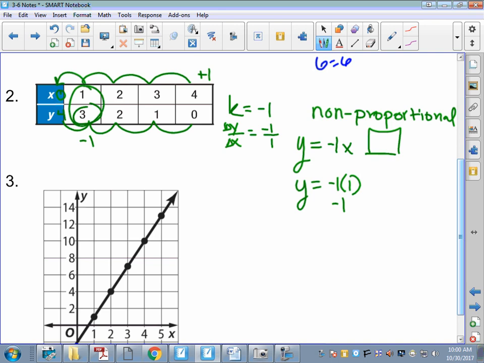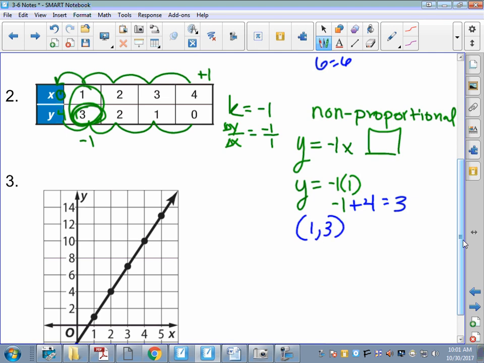If you look, I need that to equal 3. So when I plug it in and I multiply by the -1, I get -1. I need to make that equal 3. So what I need to do to my equation is add 4 more to it to equal the 3. Now the ordered pair 1, 3 works.